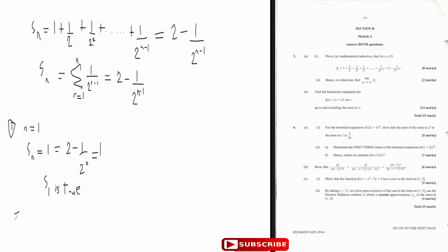So step 2, for n equal k, we get that Sk is the sum from r equal 1 to k of 1 over 2 to the r minus 1, and that is going to be equal to 2 minus 1 over 2 to the k minus 1, replacing n with k.